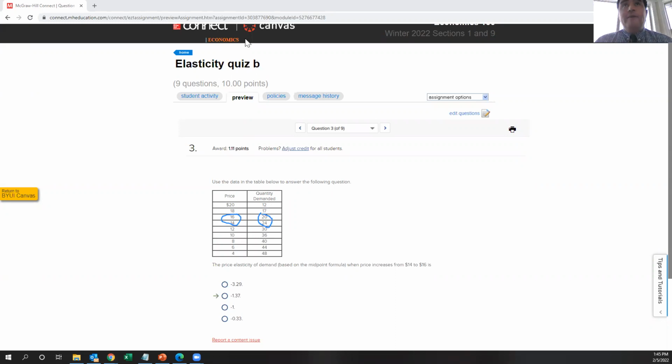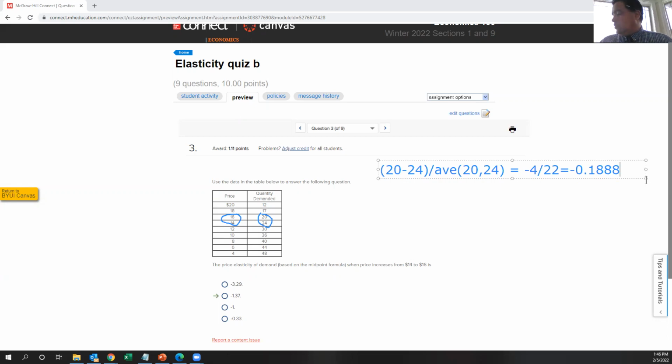And so what we have, the Q is 20 minus 24, divided by the average of 20 and 24, which is equal to negative 4 divided by 22. Put that in my calculator. That is negative 0.18888, a bunch of 8s after that.